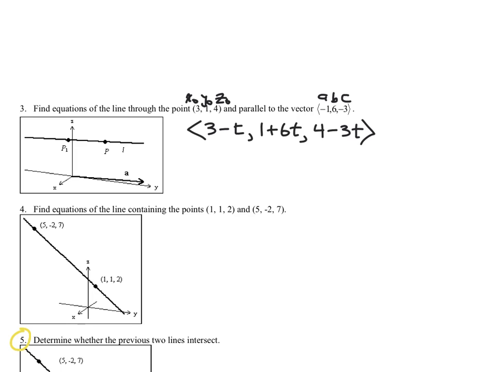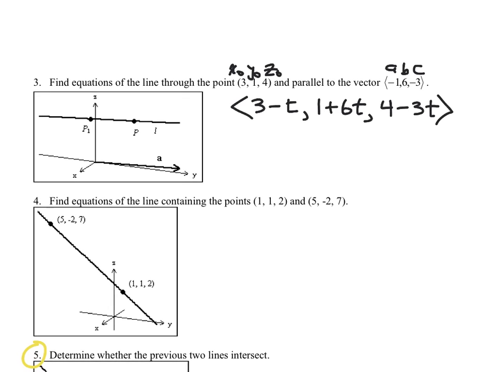All right, so the second one, find the equation of the line containing. So I need to figure out my A, B, C, the parallel vector. So parallel vector, again, displacement vector. So 4, -3, 5.